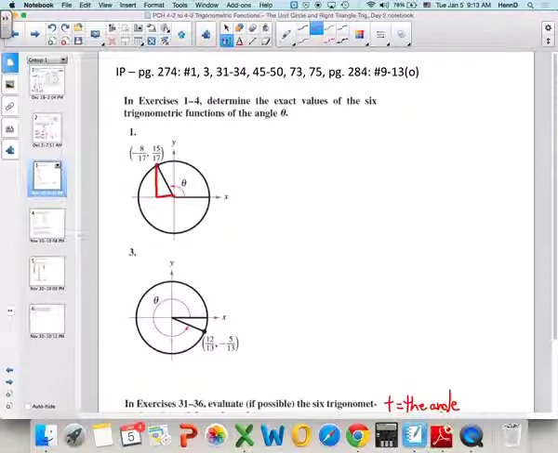And what did we say? Isn't the hypotenuse 17? It could be. In this case, you actually have coordinates, not a value of sine or cosine. So the hypotenuse ends up being 1 if you did the Pythagorean Theorem.